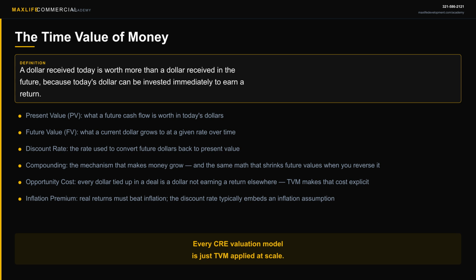And in commercial real estate, it is almost always the investor's required rate of return, the minimum return they need to justify the risk of the deal. Every single valuation model you'll encounter, from a basic income capitalization to a full institutional DCF, is just this arithmetic applied repeatedly across a timeline. Get comfortable here, and everything else in this course will click into place.